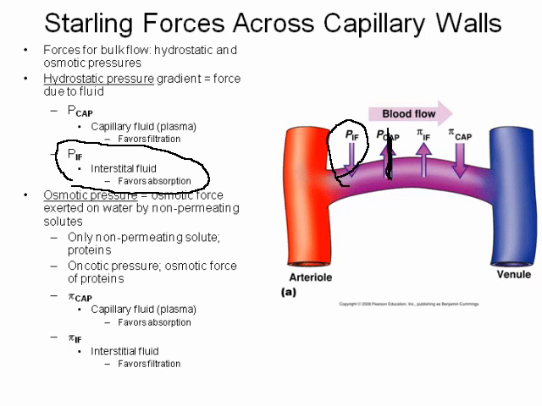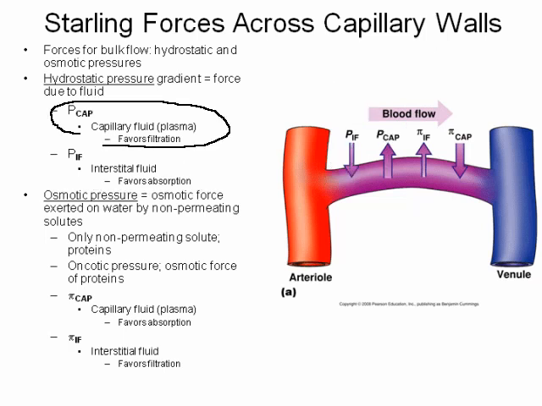Obviously, if you have fluid leaving the capillary, it's going to build up fluid pressure here in the interstitial fluid, as well as when cells are metabolically active, they produce CO2 and water. So water is going to build up. It's going to have to be absorbed.